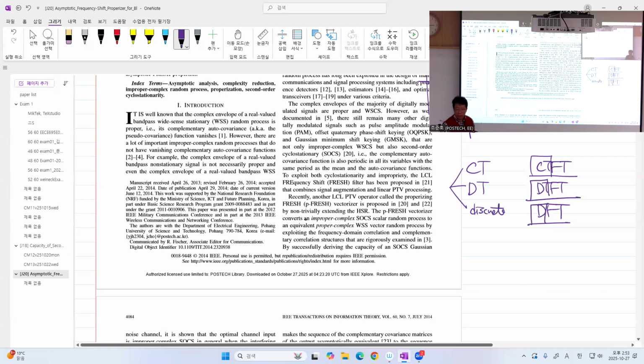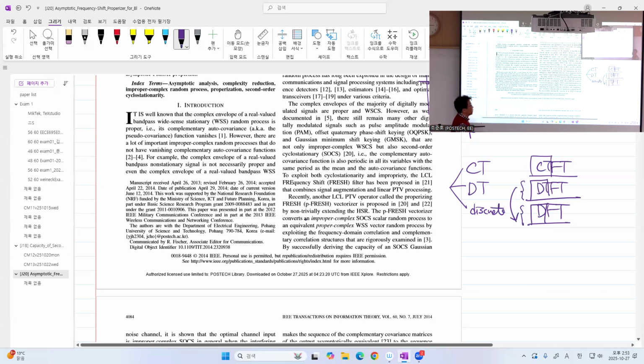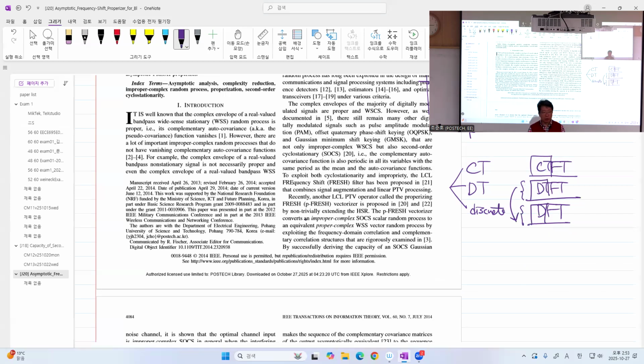Similarly, this paper not only talks about that theory but also extends our fresh properization to a vector random process that is obtained by simply performing serial to parallel conversion.